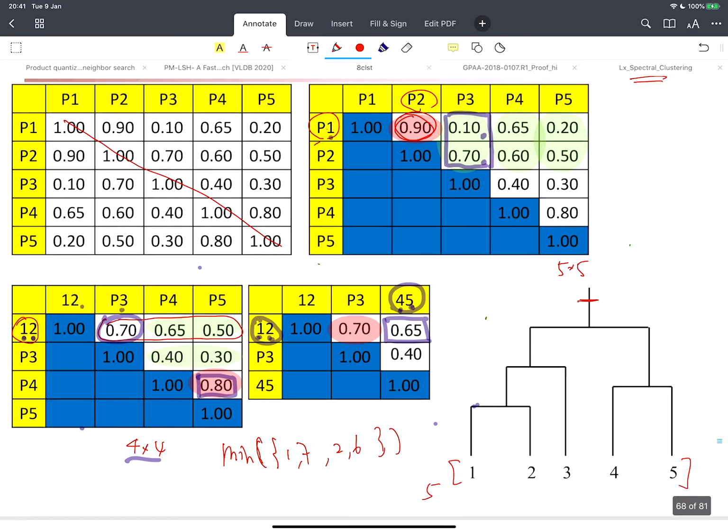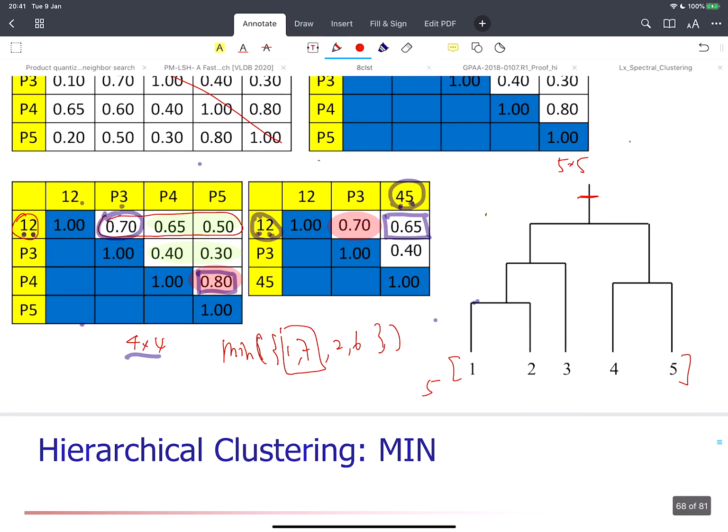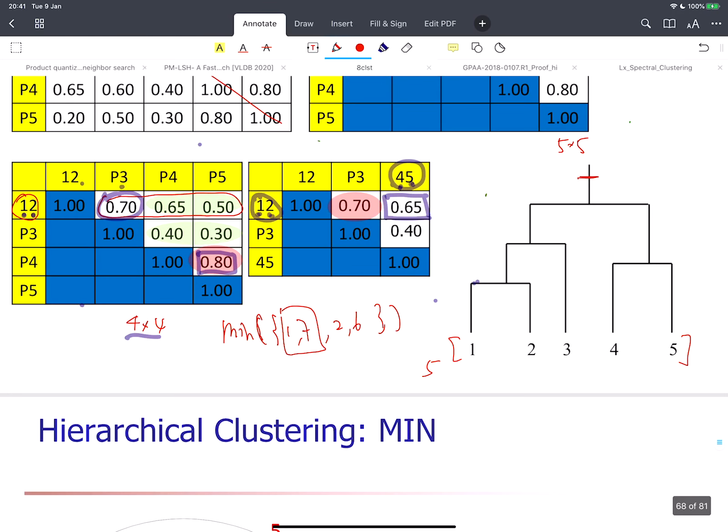You can split it into two subsets: the minimum of 1, 7, and the minimum of 2, 6, and then take the minimum between those subtotals. That's going to be the global minimum. Here we are doing similarity, so it should be max, but the property is similar.